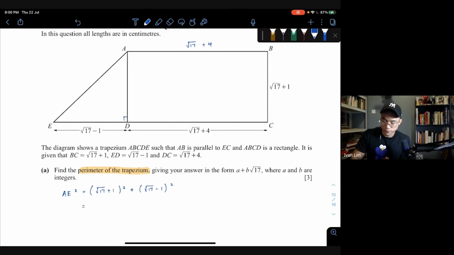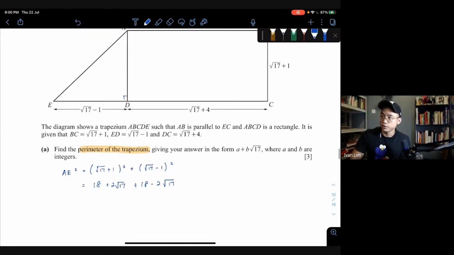Open up the brackets, you get 18 plus 2 root 17 plus 18 minus 2 root 17. This is after you summarize already, okay? You simplify it. You get AE equals 6.